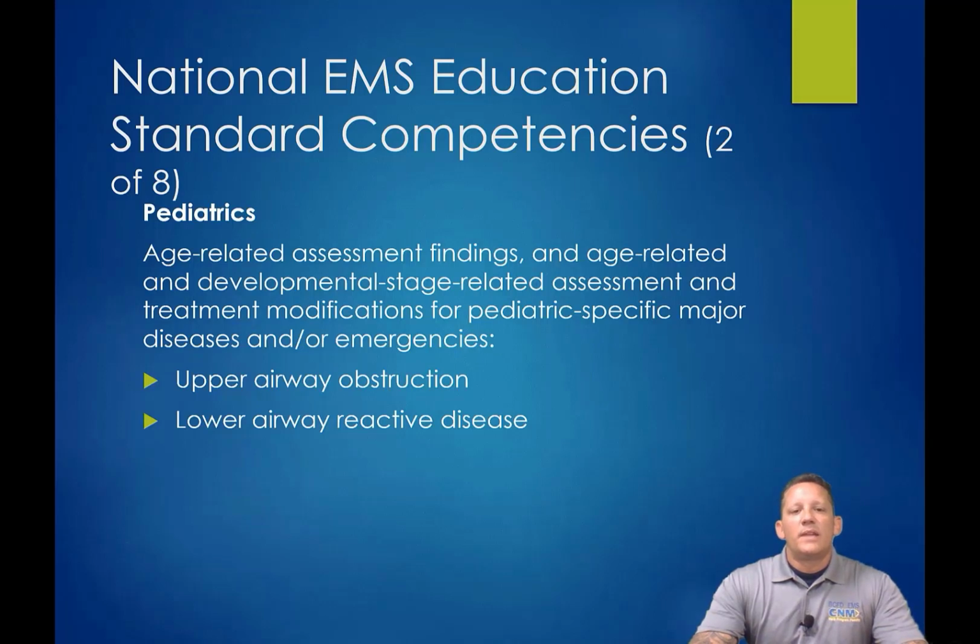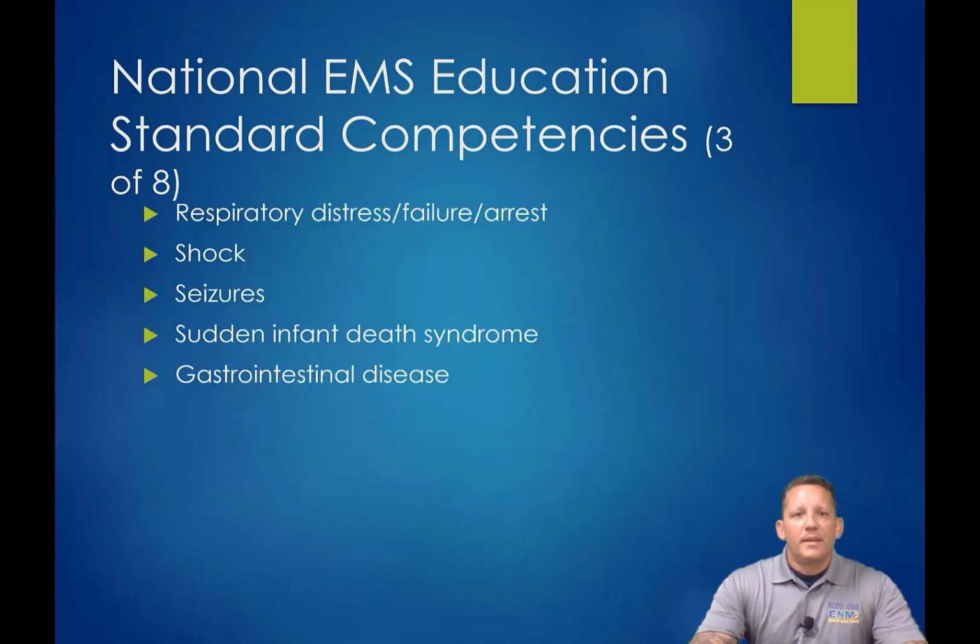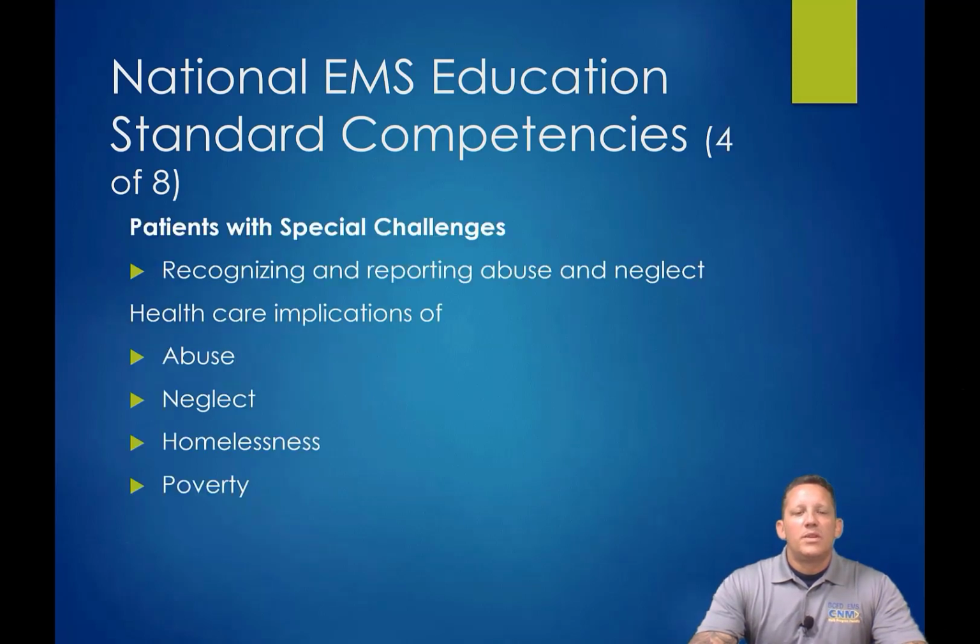And we really want everyone to know that the airway is a significant problem in pediatrics because of the diameter or the lumen size of the actual main airway. A small reduction in size is a significant reduction in ventilatory ability. We're going to go through respiratory distress, shock, seizures, sudden infant death syndrome, GI diseases, and then we'll get into some special challenges.